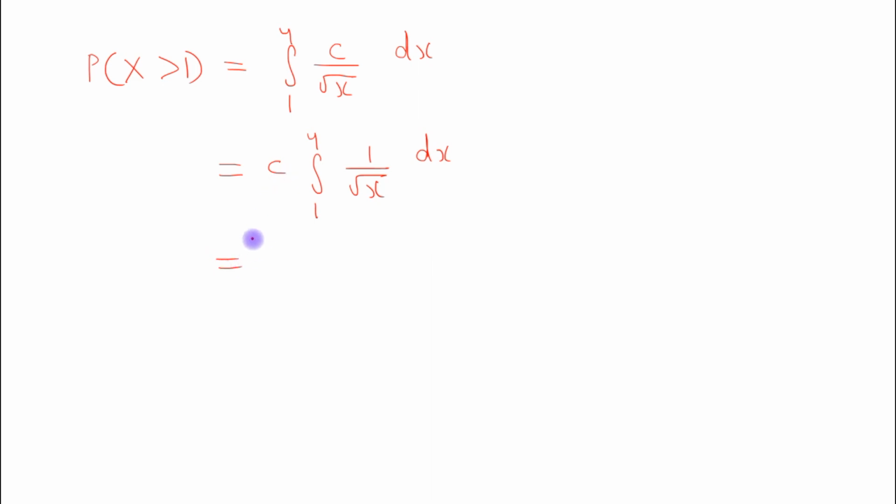The value of c is 1 by 4 and the integration of 1 upon root x will be 2 root x, from 1 to 4, equals 1 by 4 times (2 root 4 minus 2).